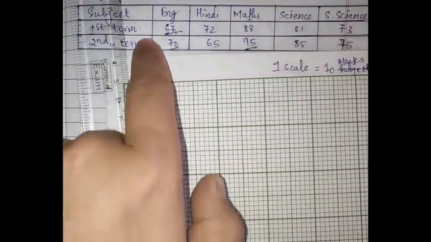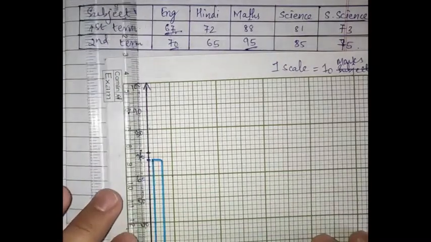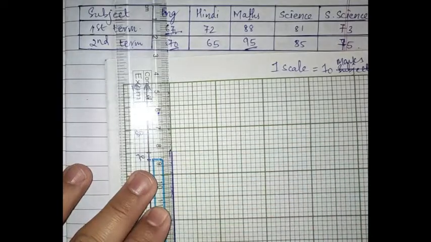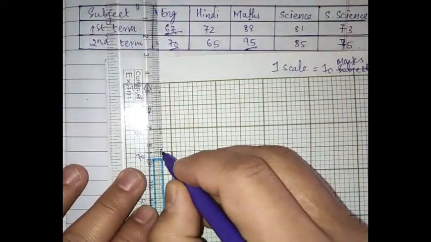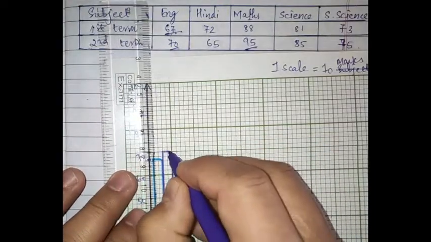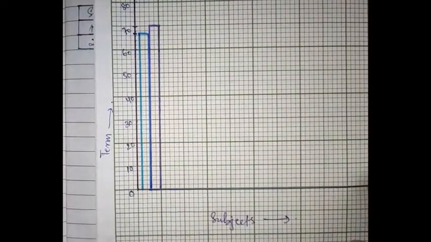In the second term it is 70. So I'm going to use another color pencil for 70. You can make it here. So it is represented for 70. Alright, so this is your double bar graph.